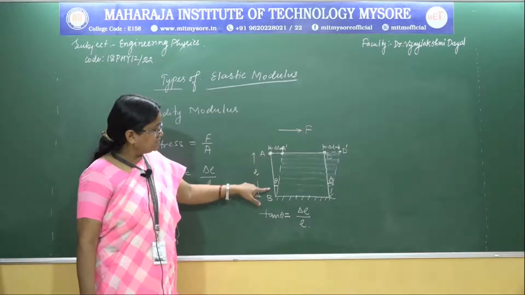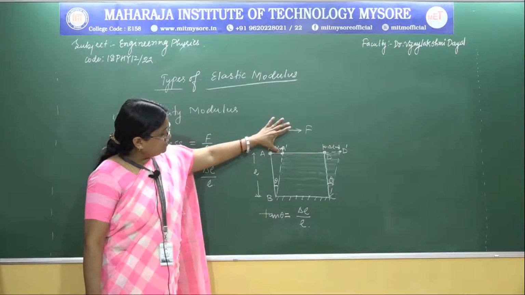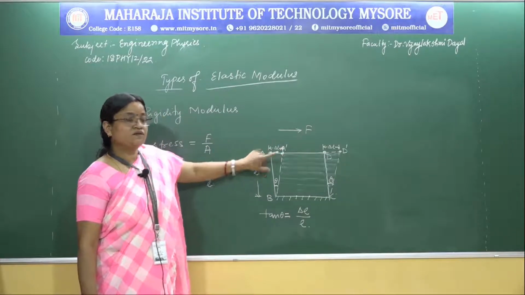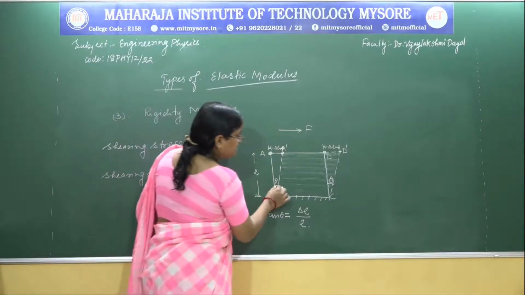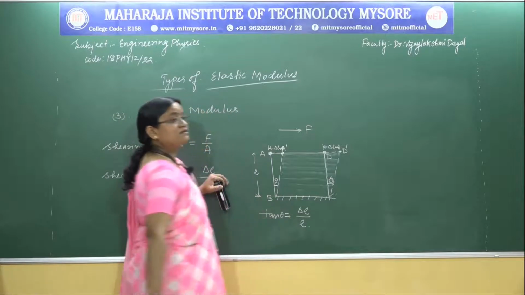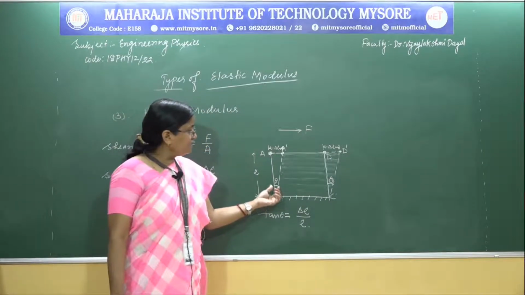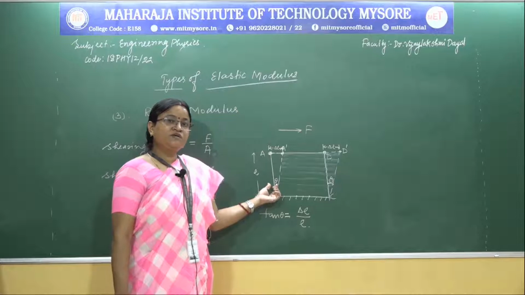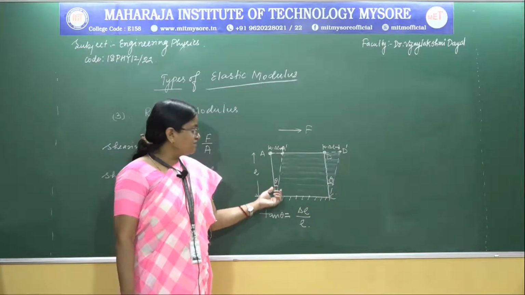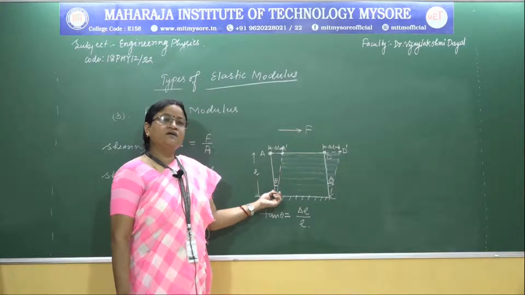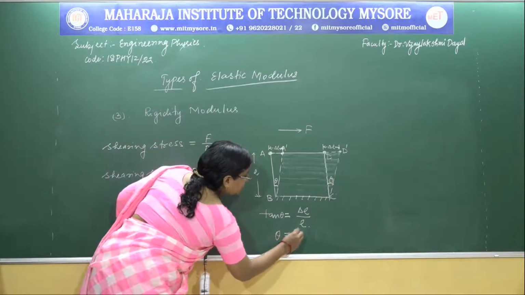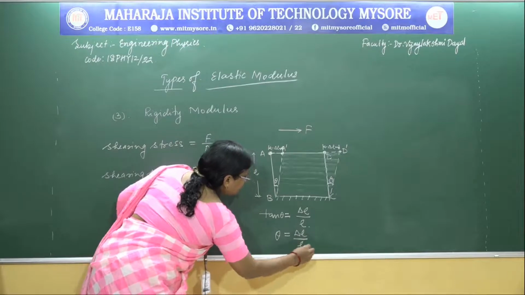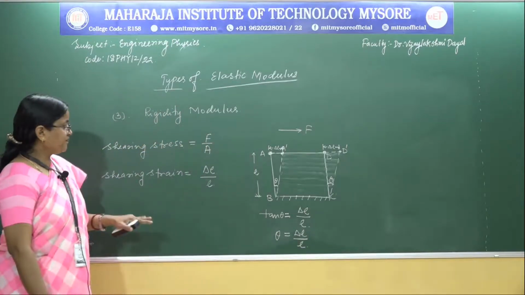Tan theta will be equal to perpendicular by base, so delta L by L. Now this angle theta is very small. We cannot see it in the figure, but if we consider a rigid body, this theta is almost negligible. So tan theta we can write as only theta, and that is delta L by L.